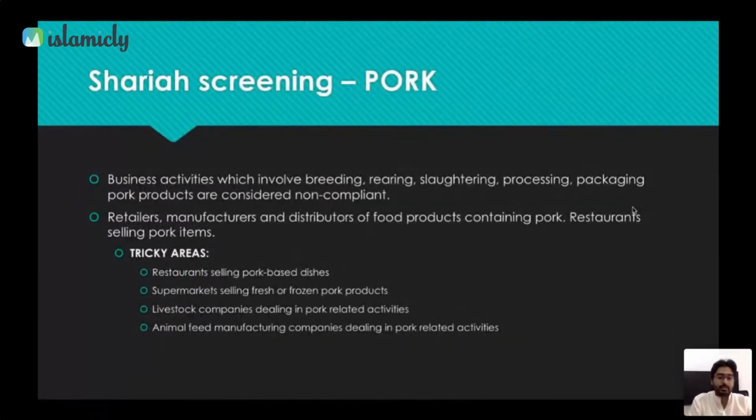So, in the last point, animal feed manufacturing companies. Manufacturing animal feed is a Sharia compliant activity. You can manufacture animal feed, and that is considered a Sharia compliant activity.